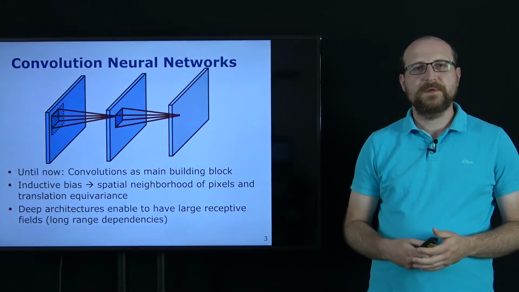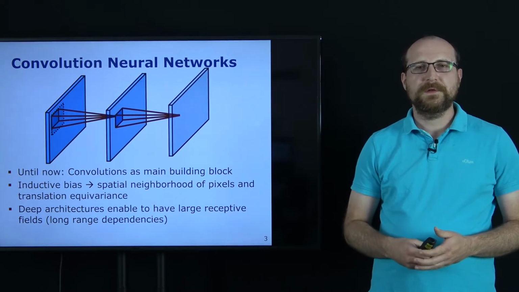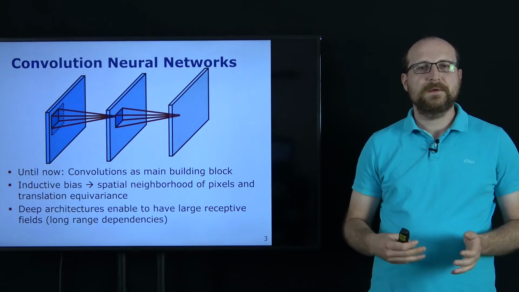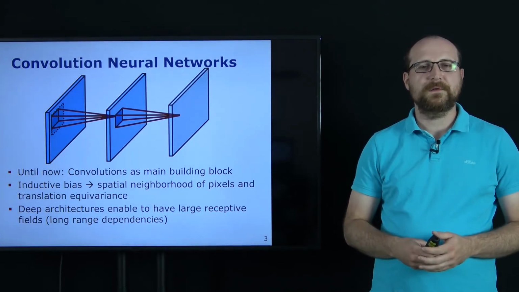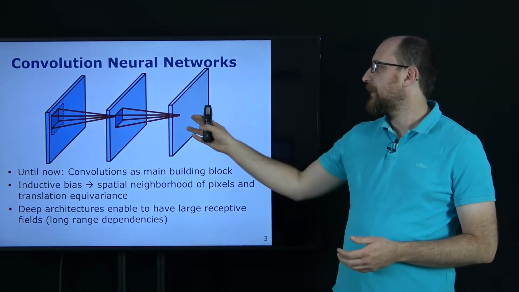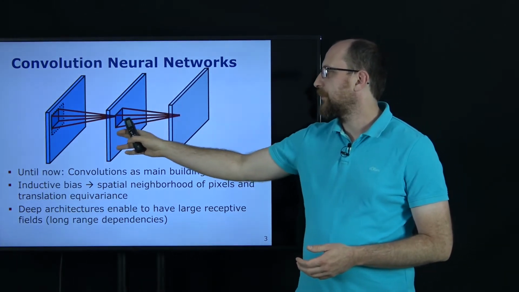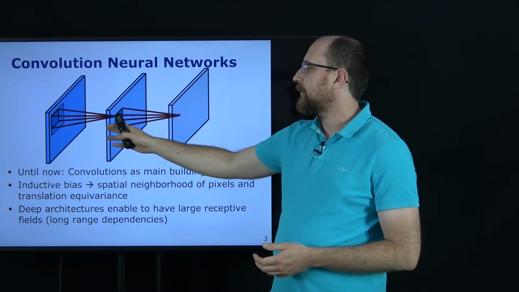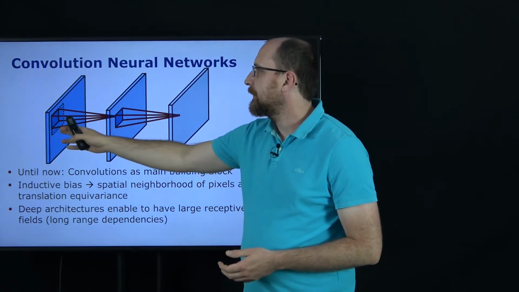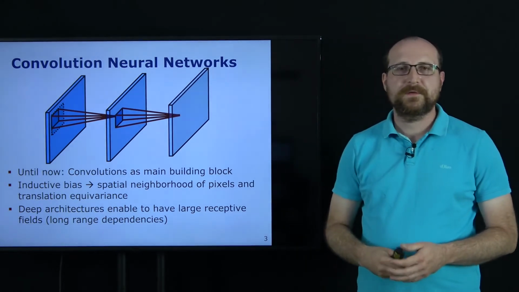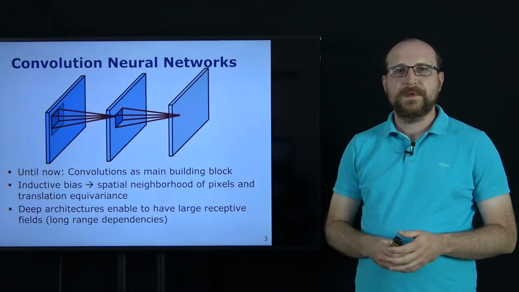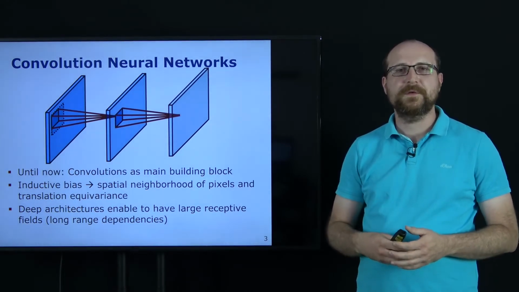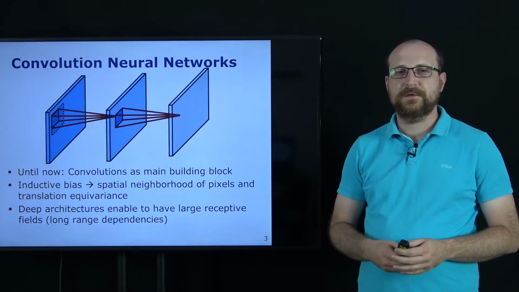And by using the idea of the receptive field, or by using deeper architectures, we can have very large receptive fields in the end. As shown in this image, the convolution works on these pixels, and these correspond in earlier layers to large receptive fields that can capture a lot of contextual information in these architectures.